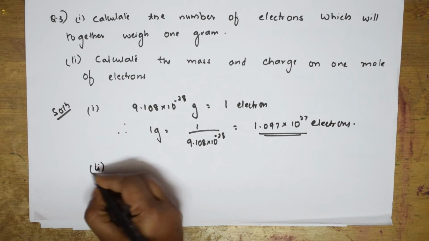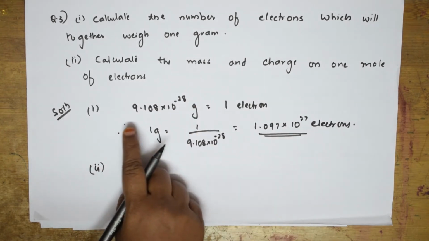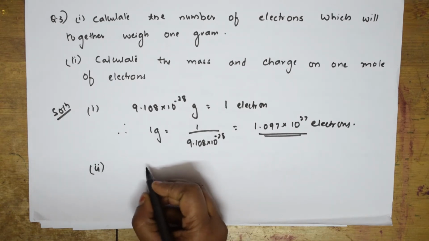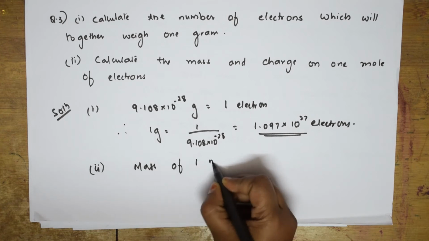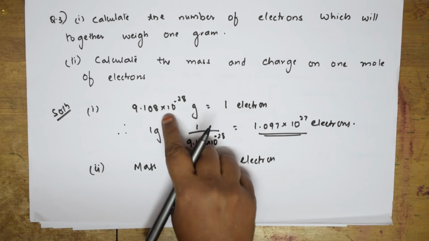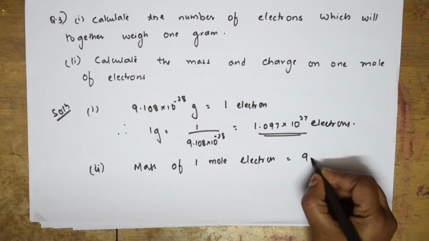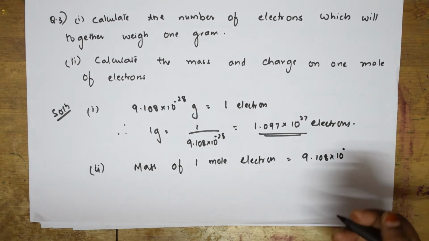Now in the second one, I need to calculate the mass and charge on 1 mole of electrons. So now start. What is the mass of 1 mole of electrons? Just now we have written this weight, that is equal to 9.108 into 10 raised to the power of minus 28 grams.